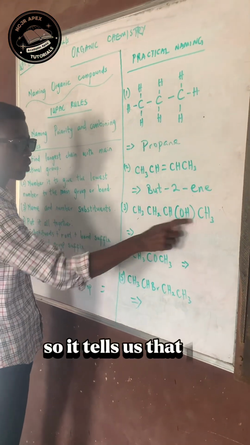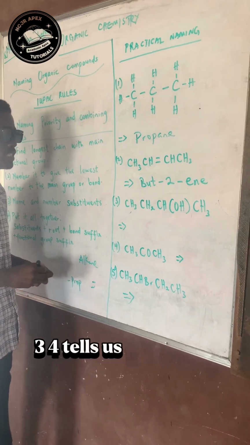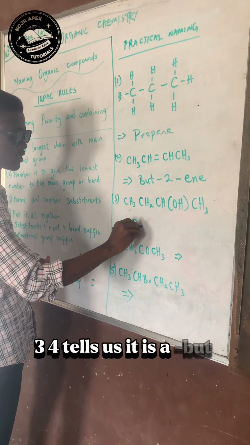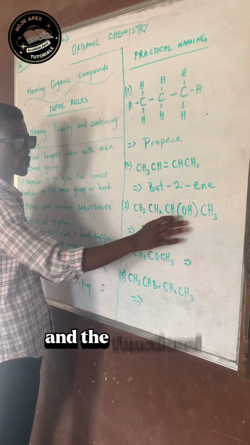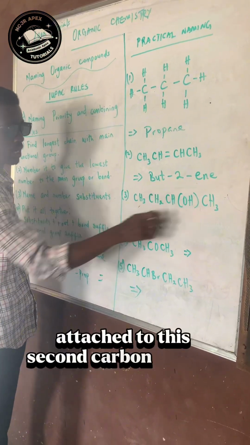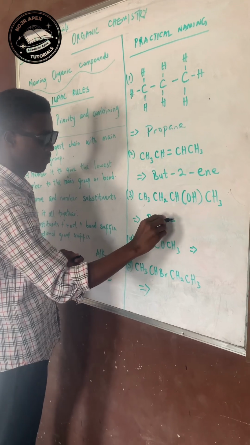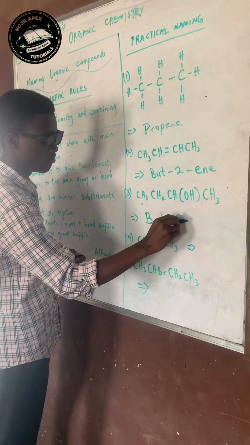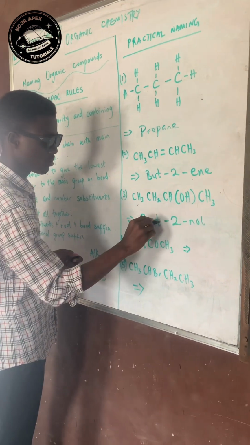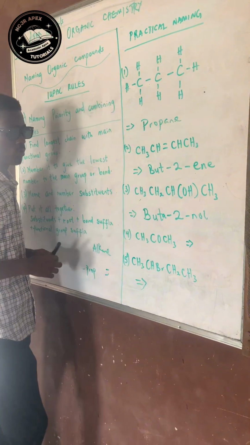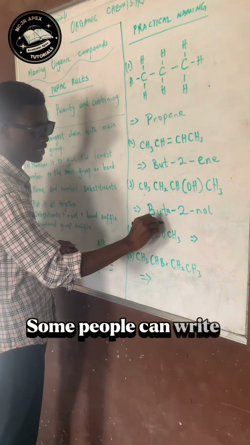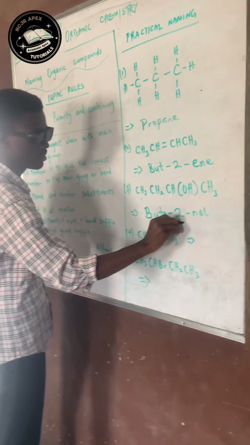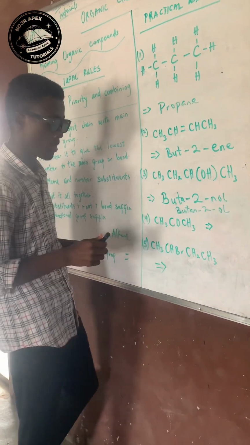It tells us it is a BUT, and the functional group is attached to the second carbon atom. So butan-2-ol, or we can say butanol. Some people can write it as butanol.